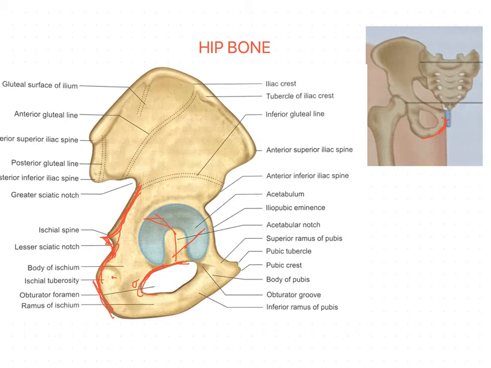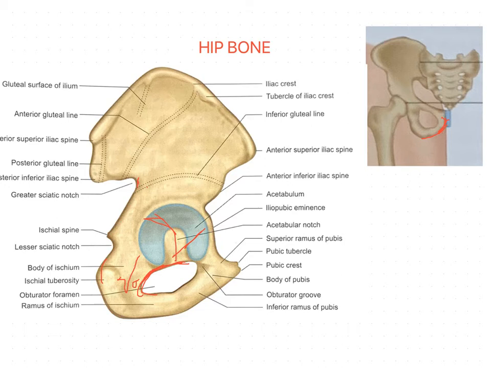Now we will see the surfaces. It has three surfaces: the femoral surface, the dorsal surface, and the pelvic surface. The femoral surface lies between the anterior and lateral borders. The dorsal surface is continuous above with the gluteal surface of the ilium.